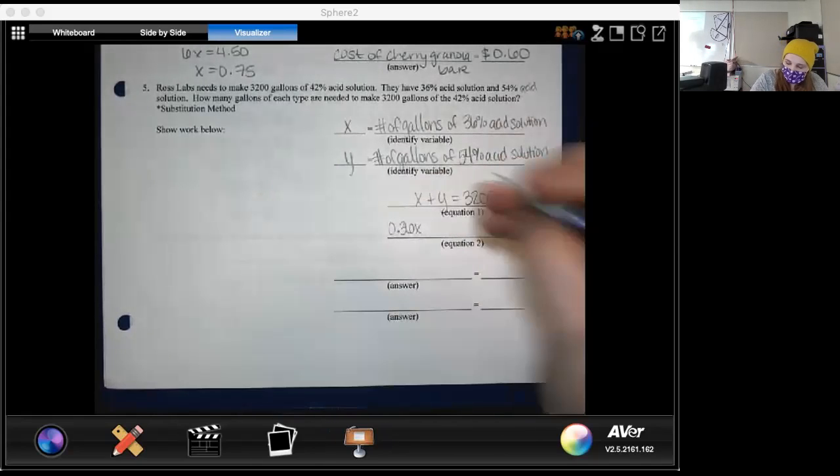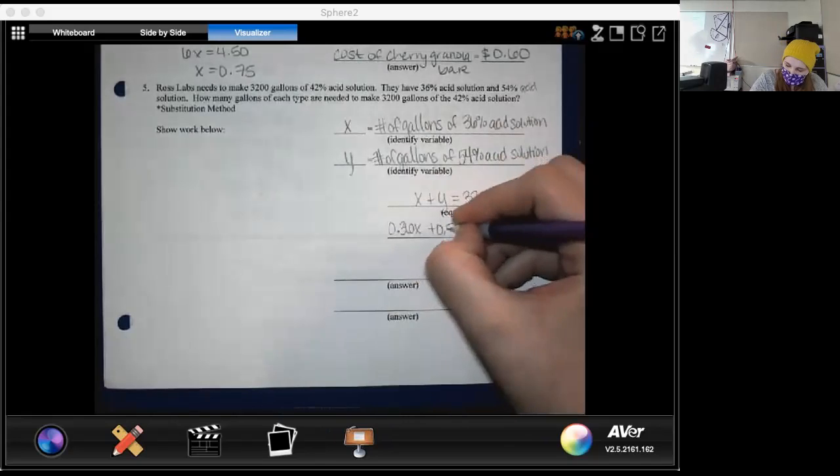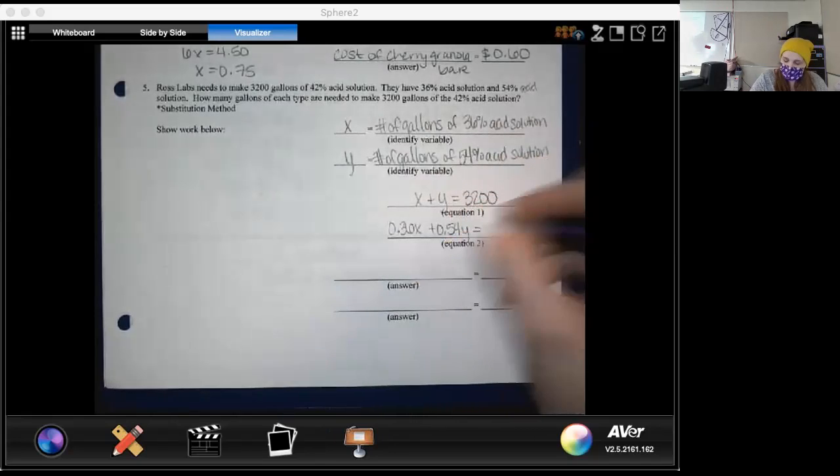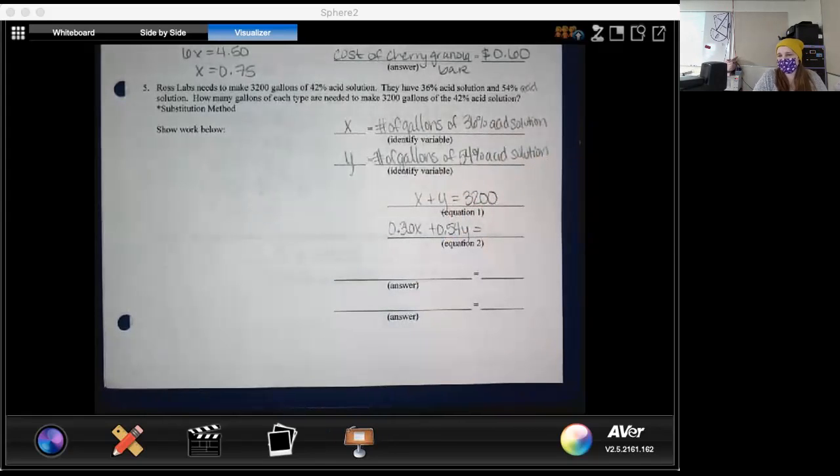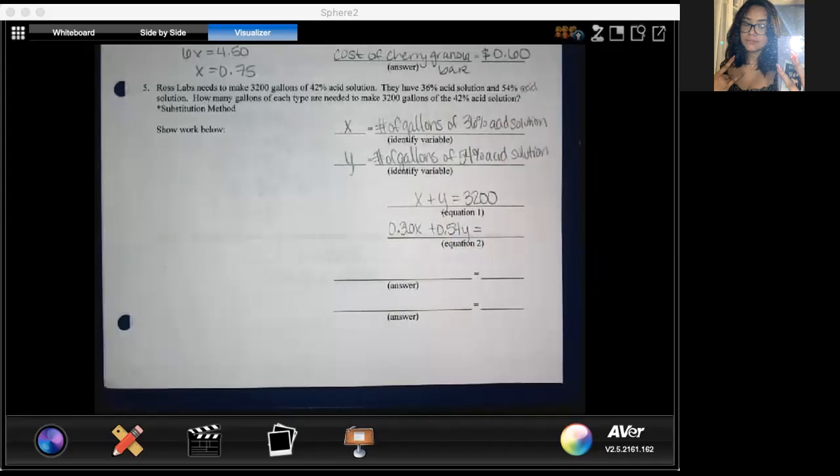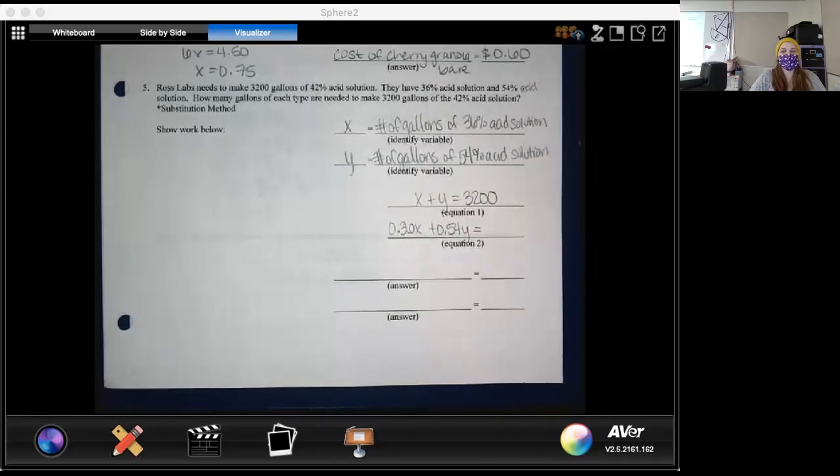For Y, we're going to want 0.54. The question is, what does that equal? That's the hard part. What does it equal? 0.42. Not 0.40.